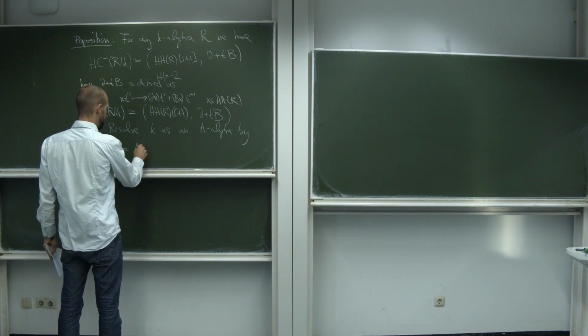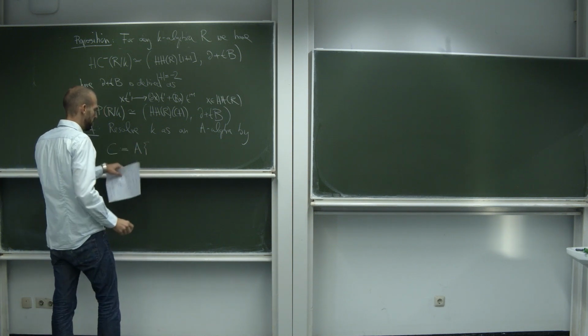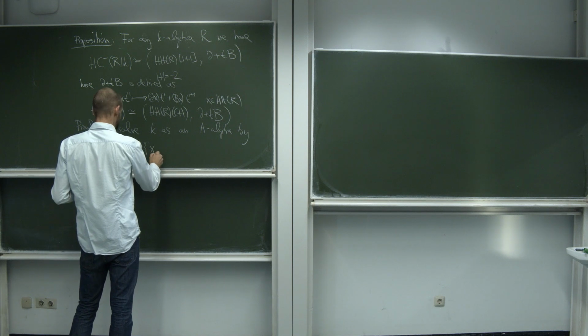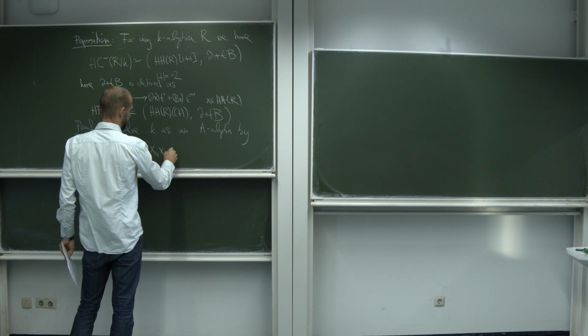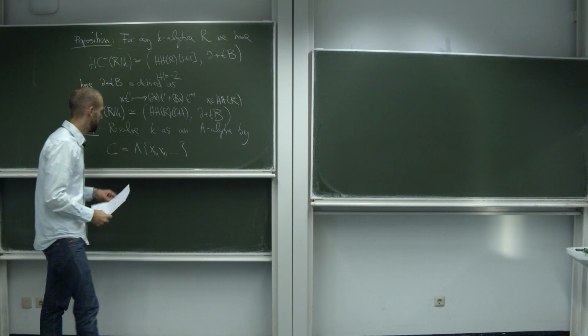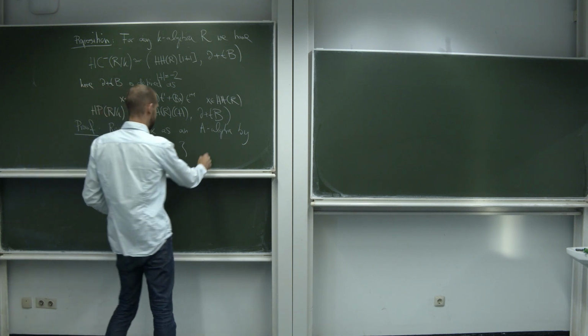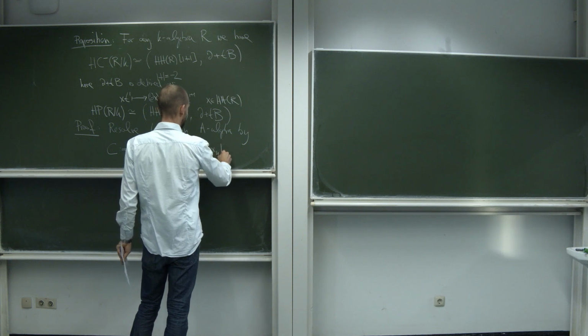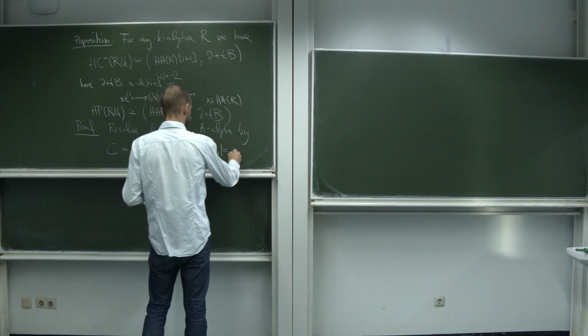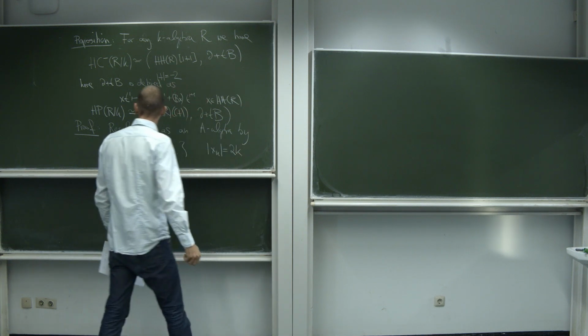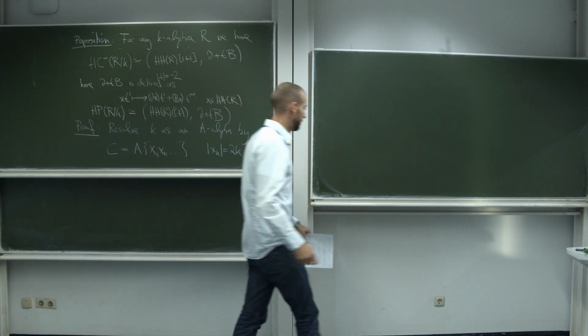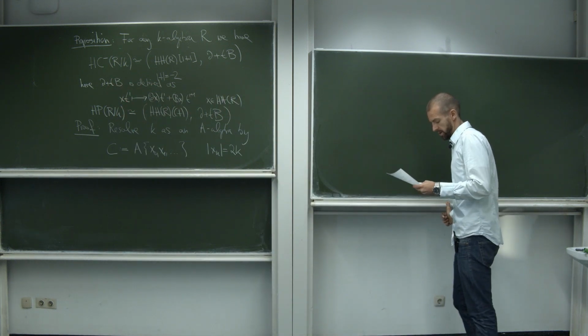And as a graded module, it's just going to be a free A-module on generators x0, x1, and so on. This is just supposed to mean the free A-module on this basis. And the generator xk is supposed to sit in degree 2k. And how am I going to make this into a chain complex?